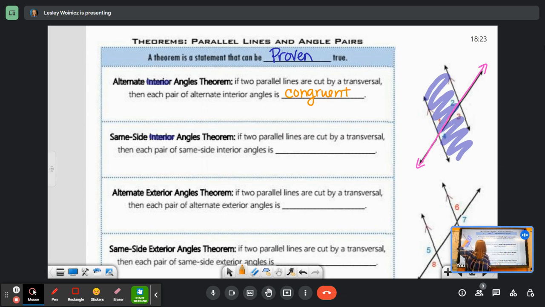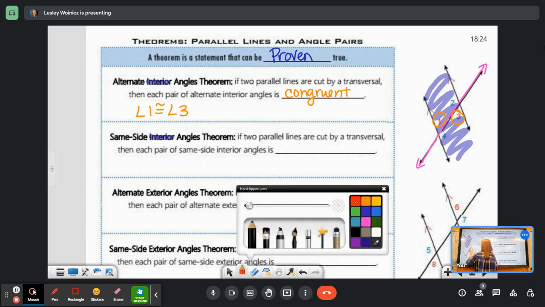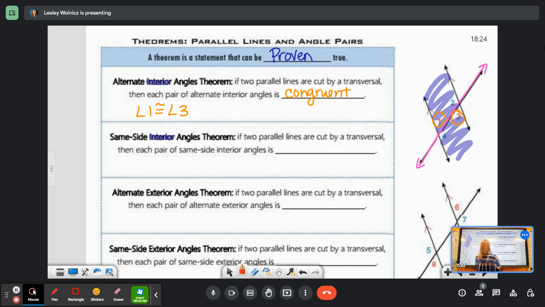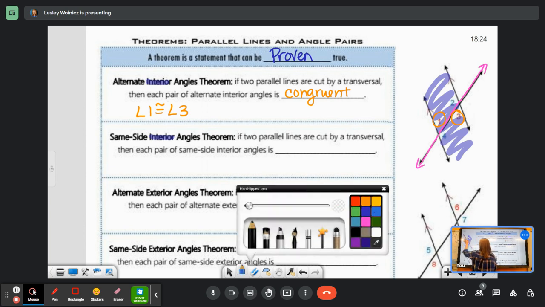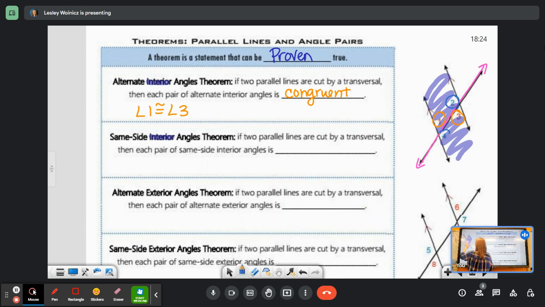So that would be 1 and 3. Angle 1 and 3 are congruent. Angle 1 is congruent to angle 3. Okay, also, angle 2 and angle 4 are congruent.